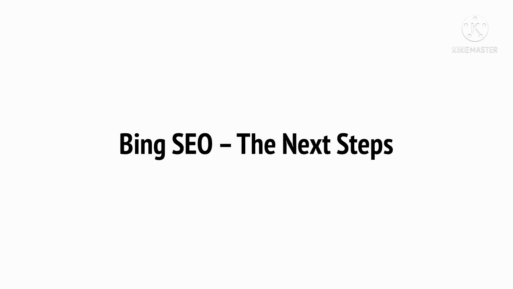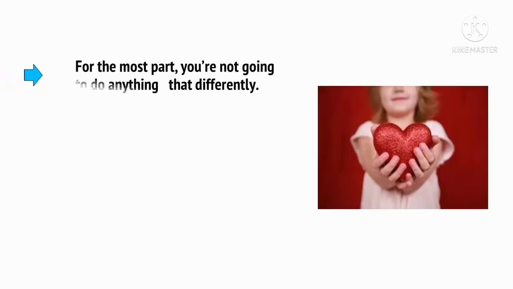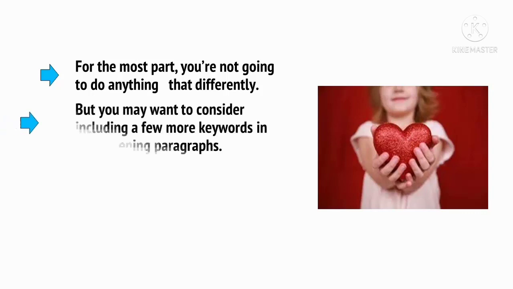As the Alan Parsons Project sang, where do we go from here? Now you have lots of information about why Bing SEO matters, how it works, and how different it is from Google. But you also know that you need to keep focusing on Google. So what's the best way to proceed? Well, exactly as we said earlier. For the most part, you're not going to do anything that differently, but you may want to consider including a few more keywords in your opening paragraphs.